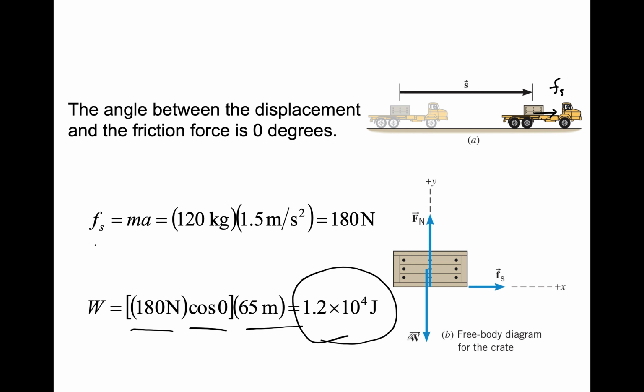You see, it is possible for static friction to do positive work for us. But here is the conclusion. Kinetic friction always does negative work, but static friction can possibly do positive work.